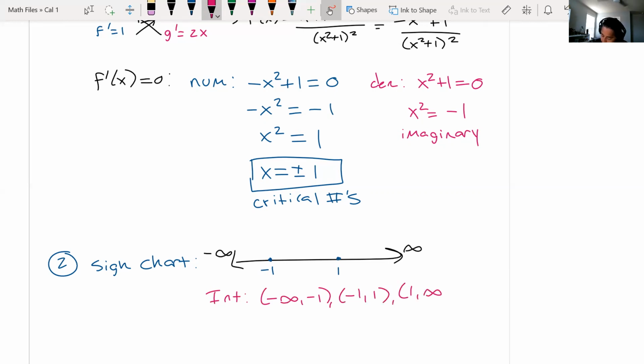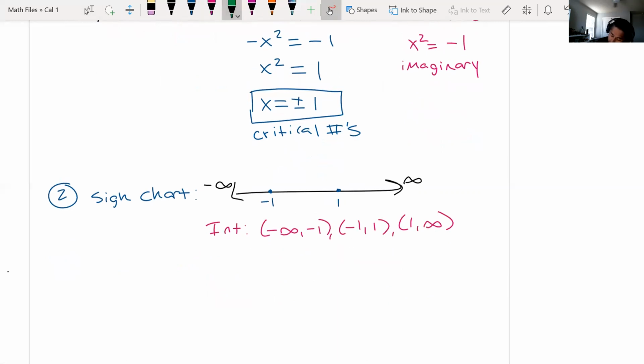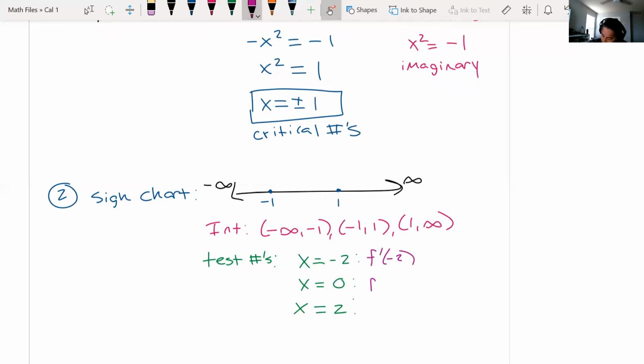And 1 to infinity. And then test numbers. x equals negative 2, x equals 0, and x equals 2. Plug them into the first derivative.